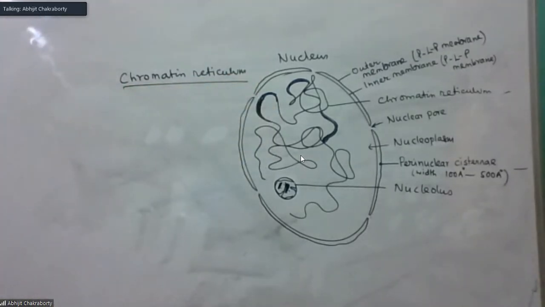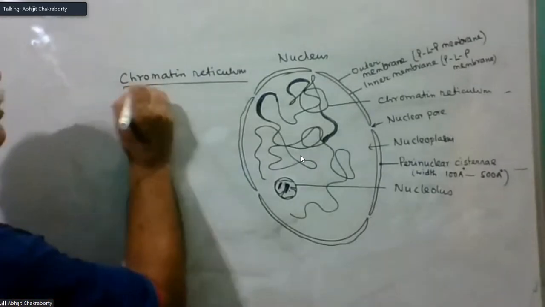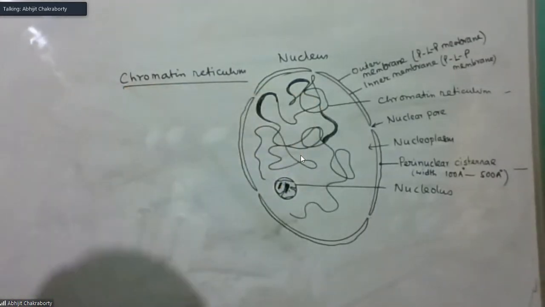How is chromatin reticulum formed? Basically, chromatin reticulum carries the hereditary material. Chromosomes segregate to form the chromatin reticulum.